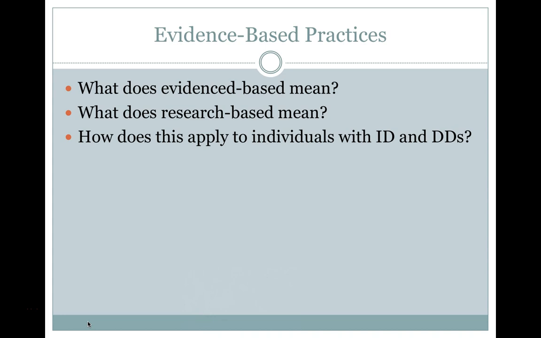However, as long as somebody did one study at one period of time and found something, maybe with not so good research methods, they can tout it as being research-based, and individuals will then think that they should do it. But it's really important that when we're looking at any interventions, supports, accommodations for any population, that we're making sure we have a good understanding of what's evidence-based as opposed to what's just research-based.